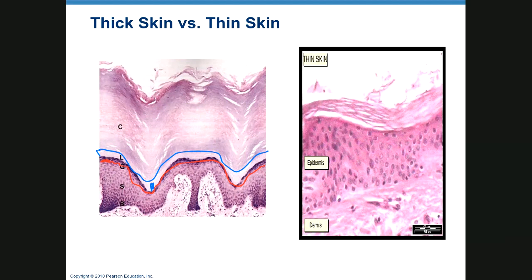The stratum spinosum is right there, and the stratum basale is the one layer thick right there at the bottom. Obviously, the stratum corneum is the thicker layer right there. This is the stratum corneum. We don't see a stratum lucidum. This is thin skin. This thin layer right here will be the granulosum, which means that this is the spinosum, and this down here would be the basale.